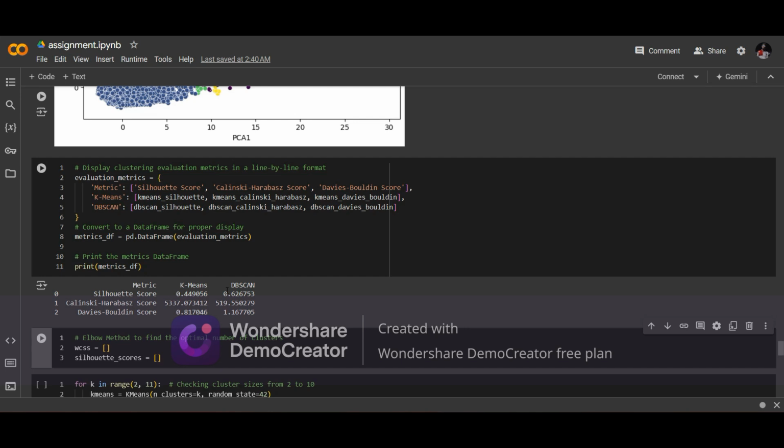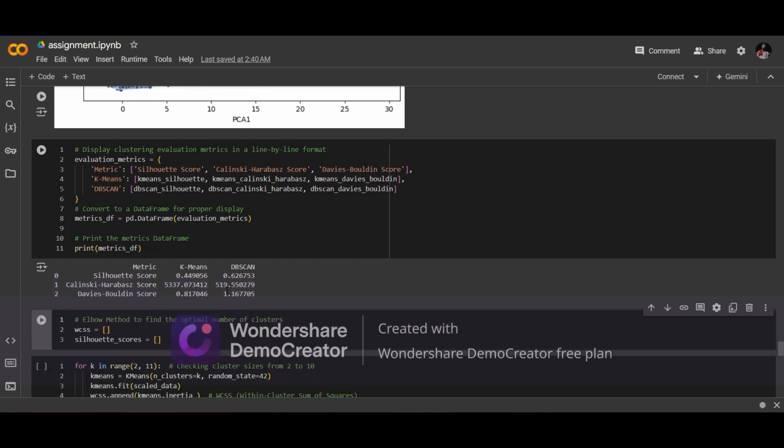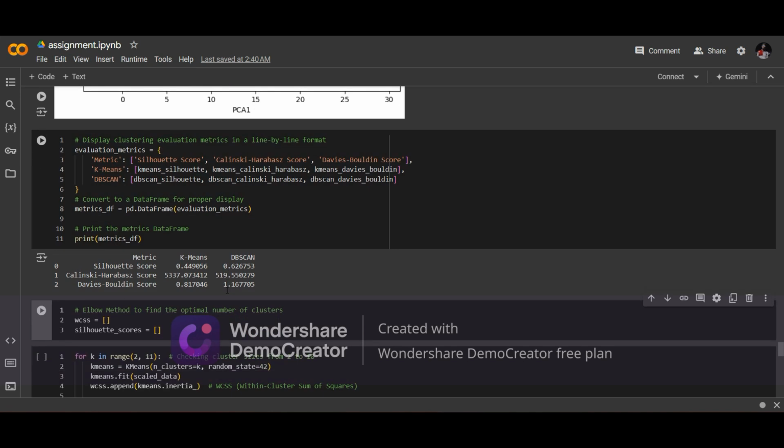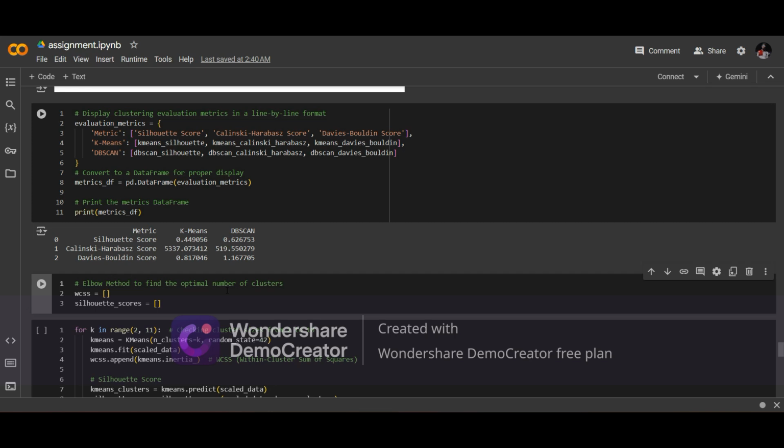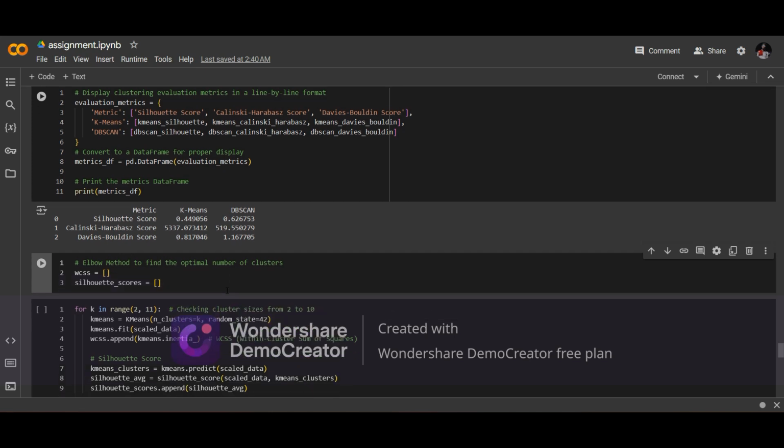Here higher is better, and we can see that k-means is performing well in this. And Davies-Bouldin score is again an evaluation metric which measures the average similarity ratio between clusters; lower is better. Here we can see 0.81 and 1.16. DBSCAN is also performing well at this moment.